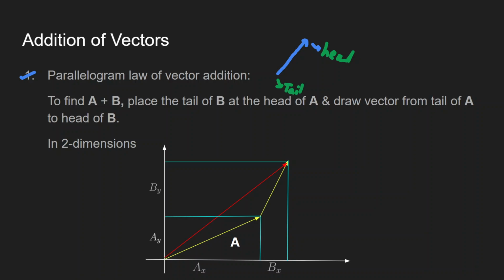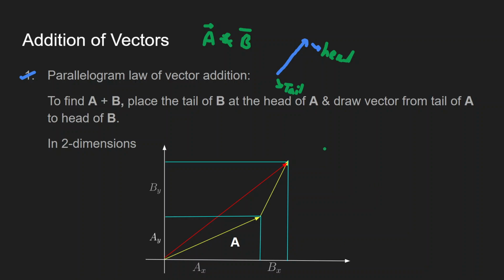Now suppose I have two vectors A and B and I want to add them. See over here the notation is bold faced A and bold faced B, which I'm writing as vectors. Sometimes I write it as A with an arrow on top of it, but in textbooks the convention is bold faced.